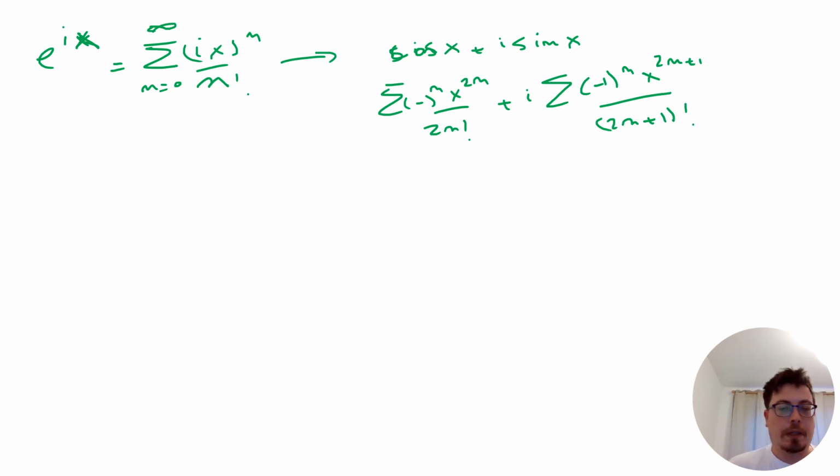Okay, great. So we have our two functions, and this is our exponential of the complex number.